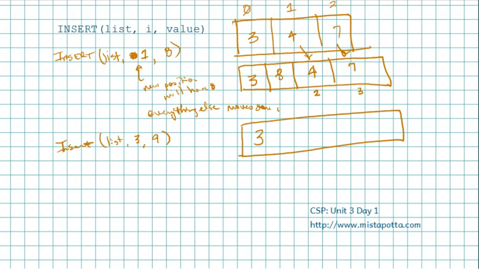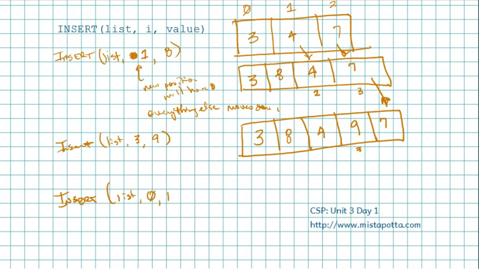The 3, which is in position 0, stays. The 8, which is in position 1, stays. 4, which is in position 2. But now this position 3 has a 9 in it, and my 7 moves down. And I can even insert into my list at position 0.